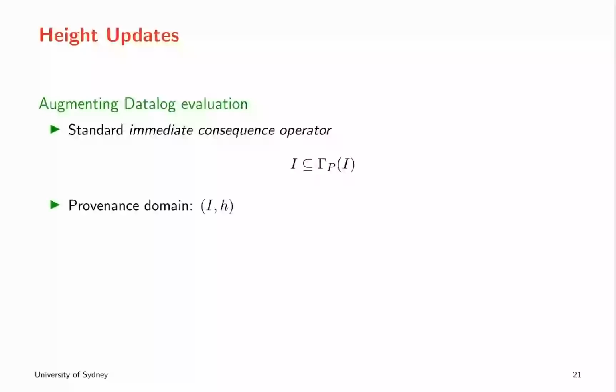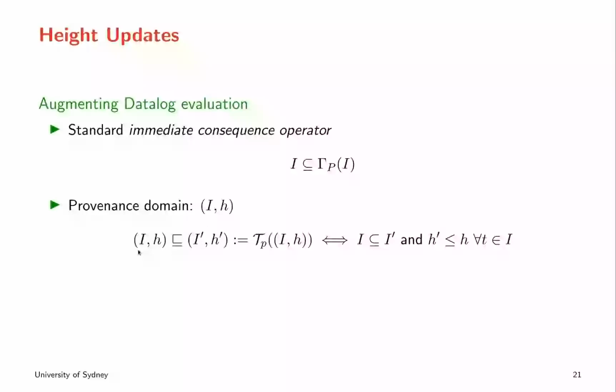For our provenance evaluation, we have the instance as we had before, which is our set of tuples. And then we have h, which is a function mapping from the tuples into a height domain. During our provenance evaluation, we also want some notion of an instance being smaller than another instance.